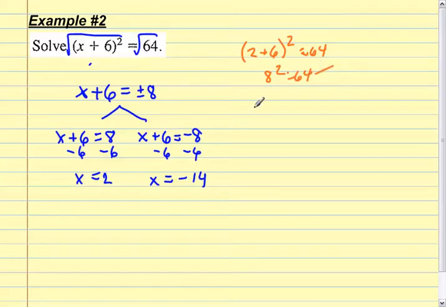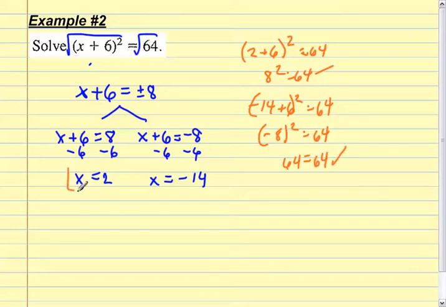Now let's go down here and try negative 14 plus 6 squared is equal to 64. Negative 8 squared is equal to 64, and you can see, yeah, that's true too. So both of those things work. All right. So my solution is x equals 2 and x equals negative 14. Okay? Everybody see that? Thanks, guys.